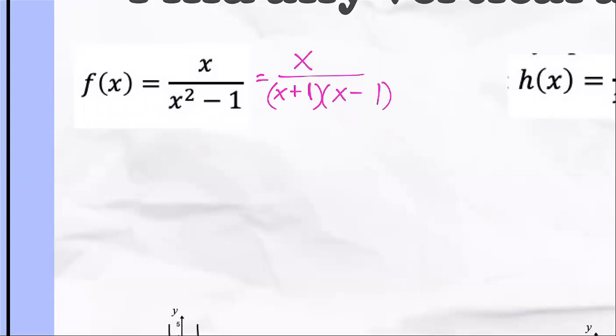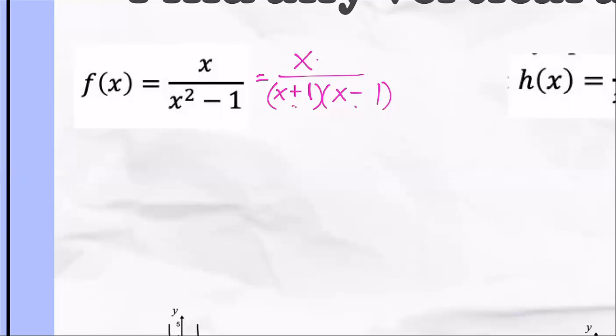If the factors on the bottom can cancel with the top, then there's a hole. If they don't match, then there are vertical asymptotes. In this case, neither the x plus 1 nor the x minus 1 cancels with the x on top, so I'm going to have vertical asymptotes.